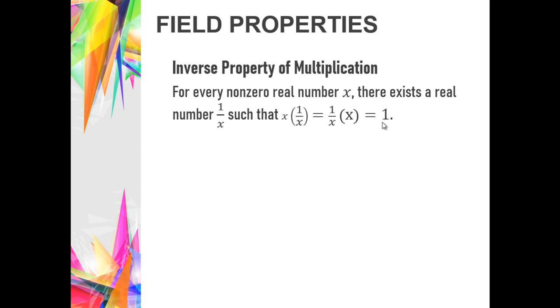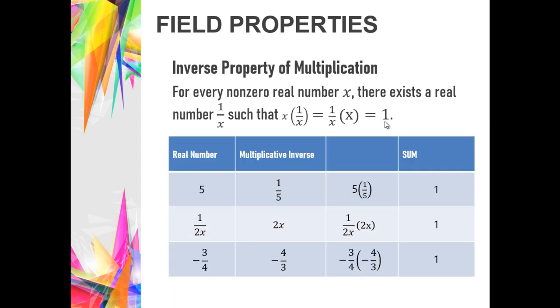So, for example, let's take a look at this table. If the real number is 5, its multiplicative inverse is 1 over 5. If you remember from elementary, every whole number has a denominator of 1. So its multiplicative inverse or reciprocal is 1 over 5. When 5 is multiplied by 1 over 5, the answer is, I'm sorry, this is a typo, this is the product since it is multiplication.